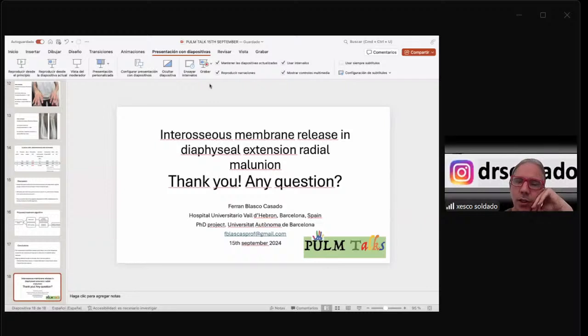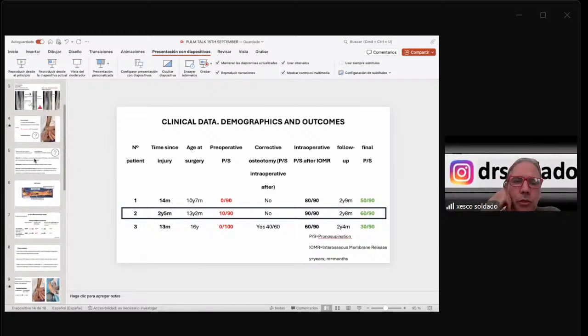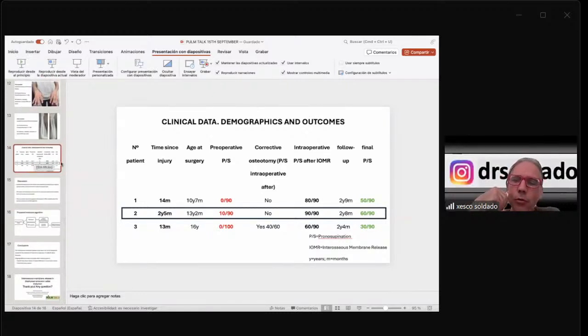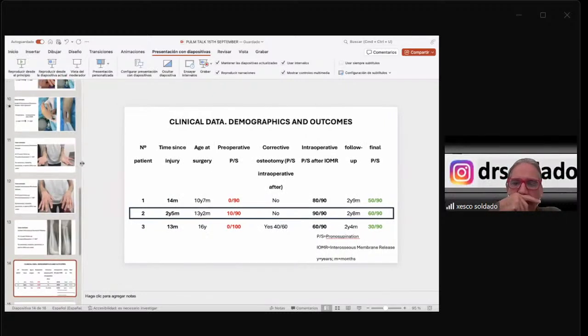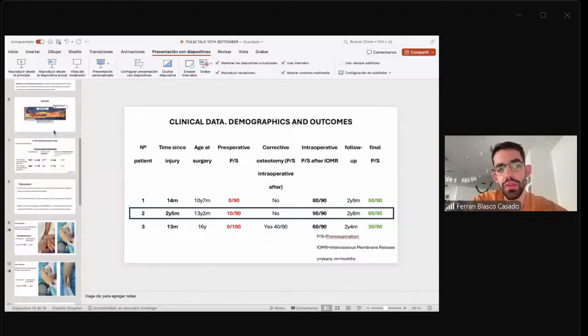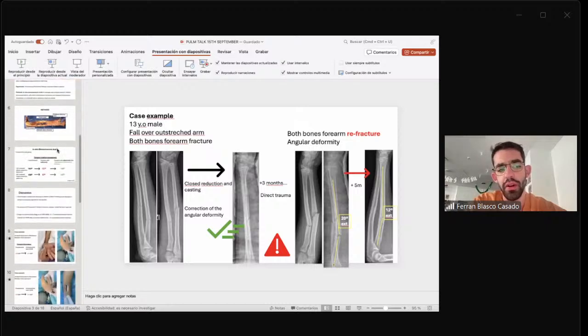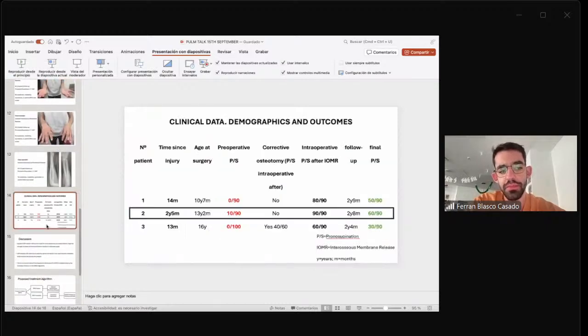In those three cases with mid-shaft extension radius malunion, which was the angulation? In those clinical cases, the one we presented here was not that much deformity. It was about 12 degrees, but they are all over 10 degrees.